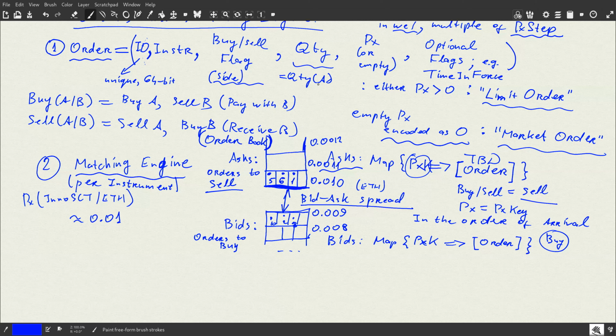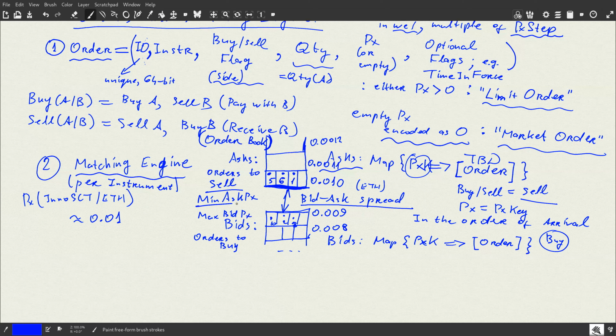It may or may not be necessary to maintain the list of prices. In general, what you absolutely need to do, maybe not the maps of all prices, is remember the minimum ask price and the maximum bid price.